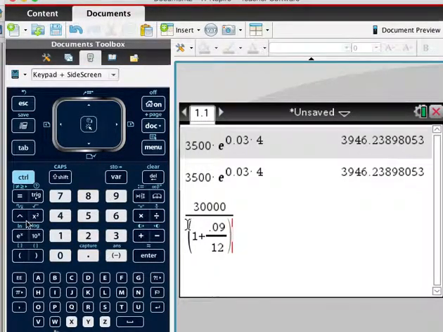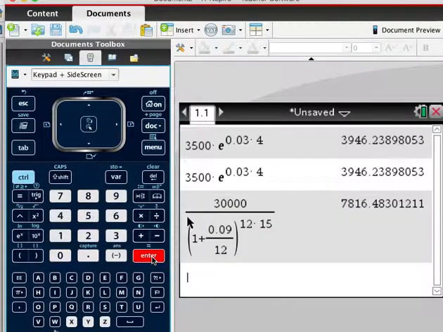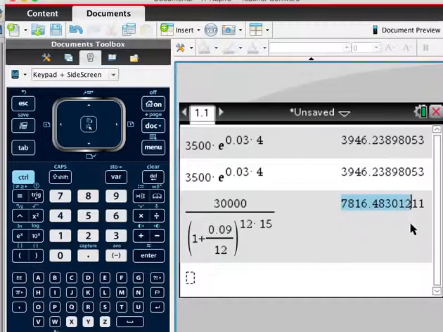And now I need to raise all of that, so I'll use the caret. I'll put parentheses, and I need 12 times 15. And if I hit enter, I find out that the amount of money we need to invest is $7,816.48, rounding to the nearest cent.